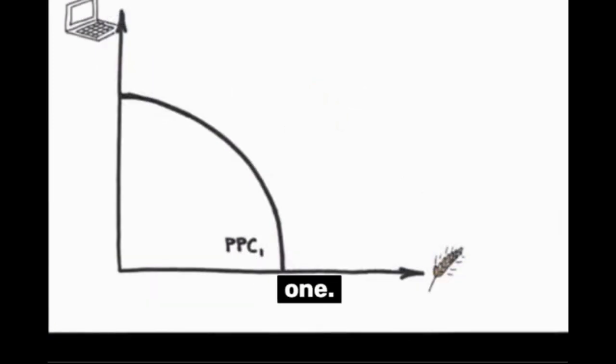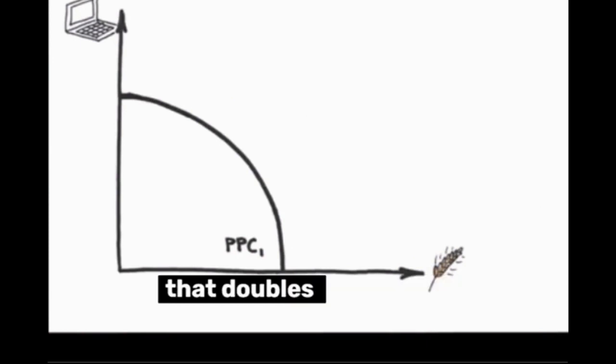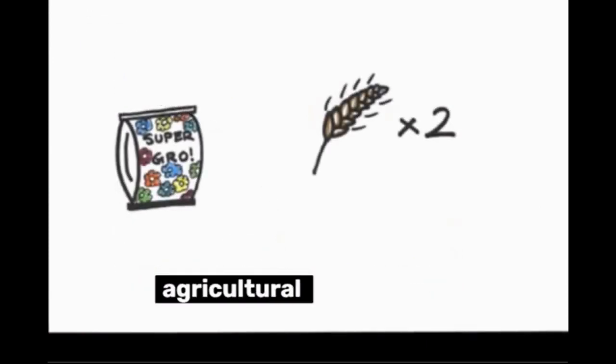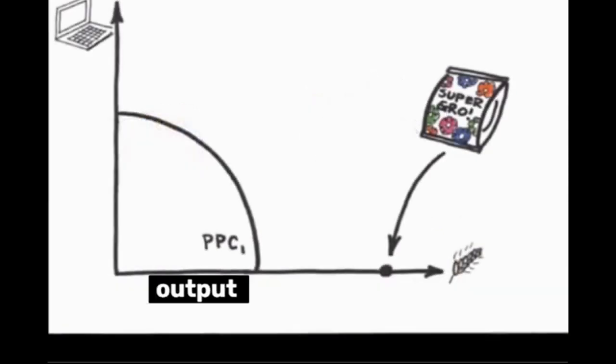Suppose we're producing efficiently using all of our resources operating on PPC1. Then suddenly, someone discovers a fabulous new fertilizer that doubles crop yields. What happens to the possible agricultural output when you use all of the existing resources, plus you add this fabulous new fertilizer? You can now produce much more wheat than you could before.